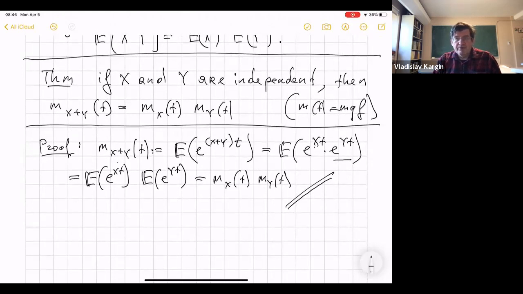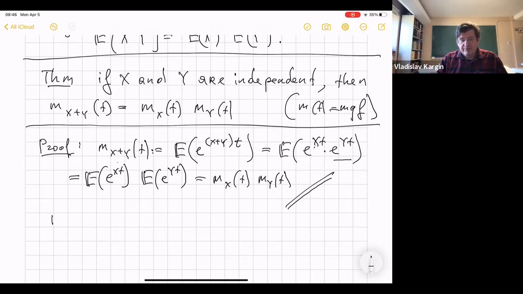Now another theorem, which I think we used before in some calculations, says that in general the expectation of a sum of random variables is always equal to the sum of expectations.